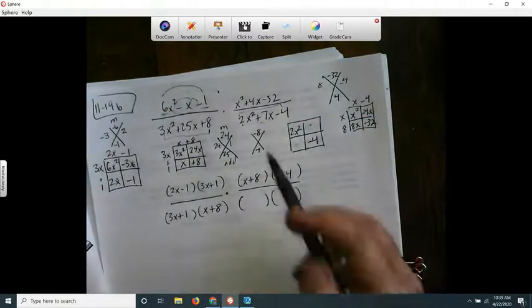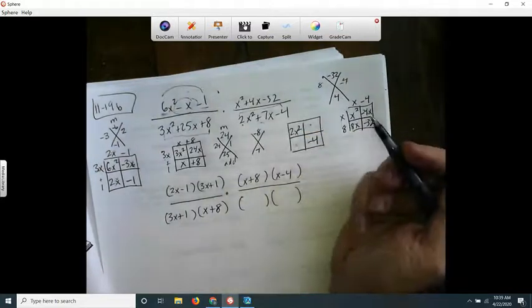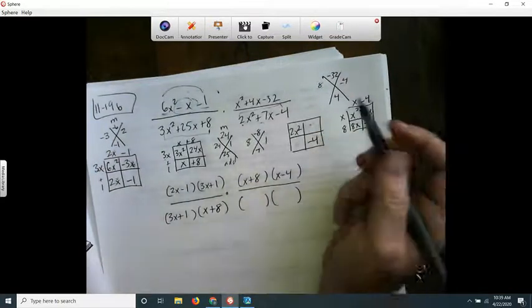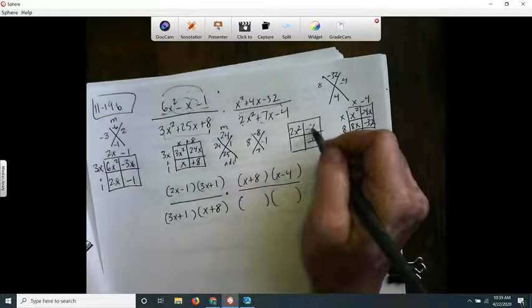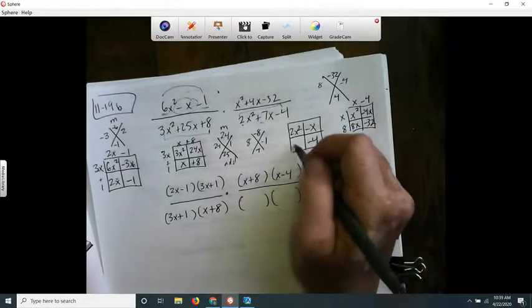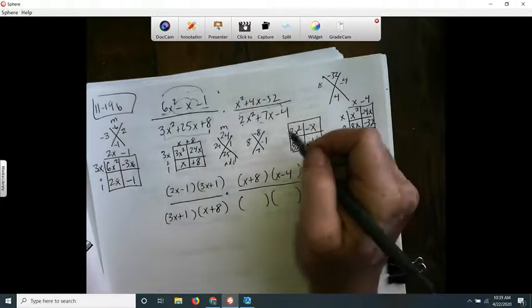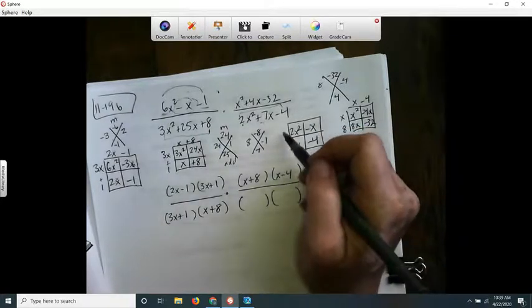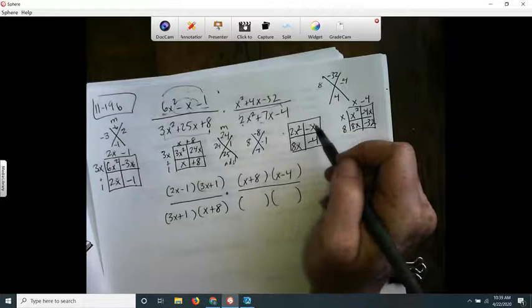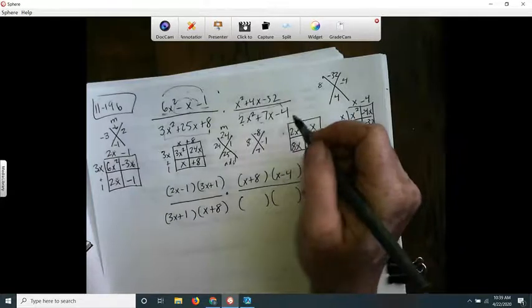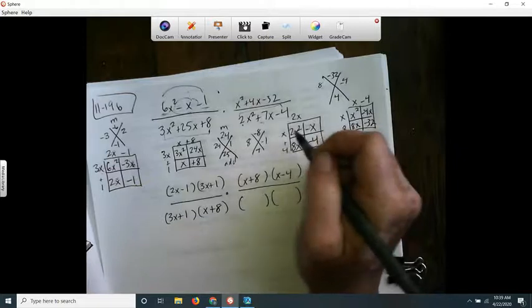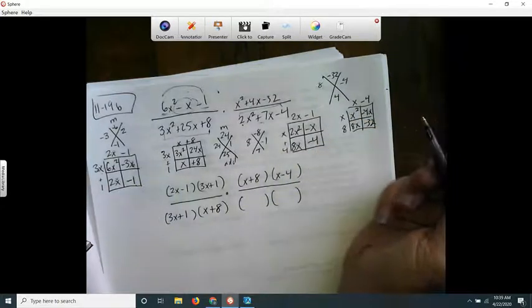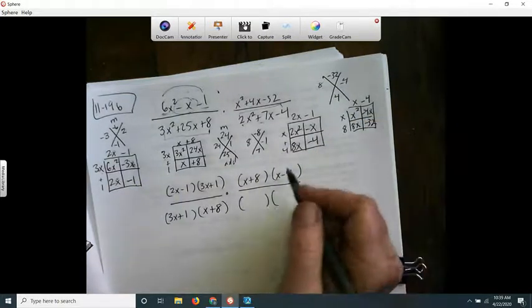So they have to multiply to make negative 8 and add to make 7. So like 8 times 1 makes 8, and if I make this negative, now the 2 can't go over here because 2 times nothing equals 1. The 2 has to go up here. So 2x times x, and this will be a 4.